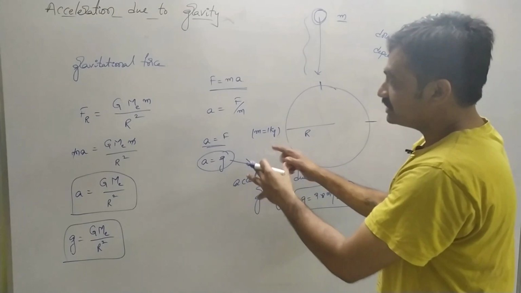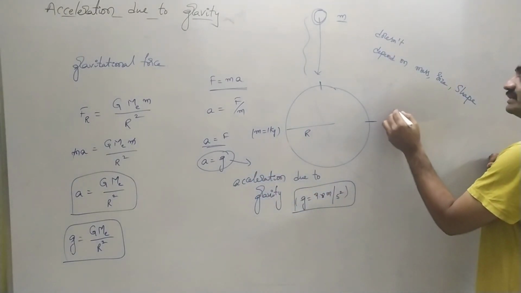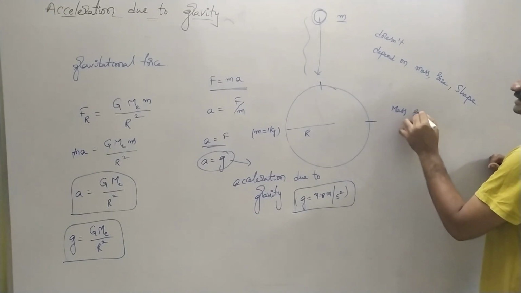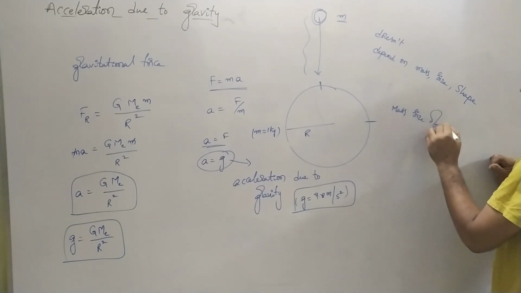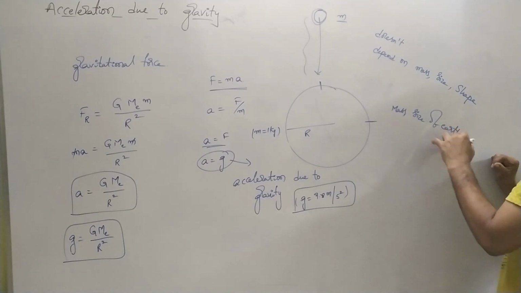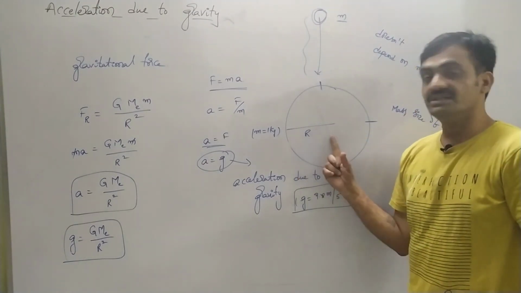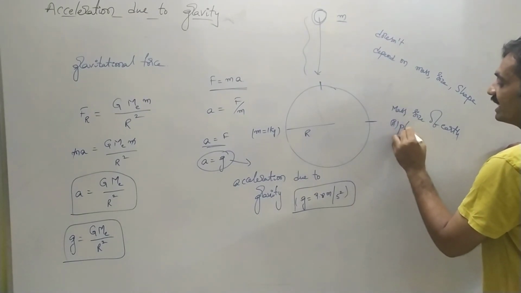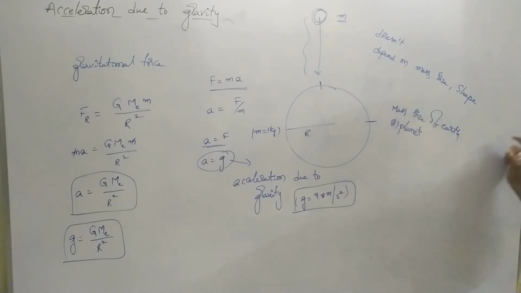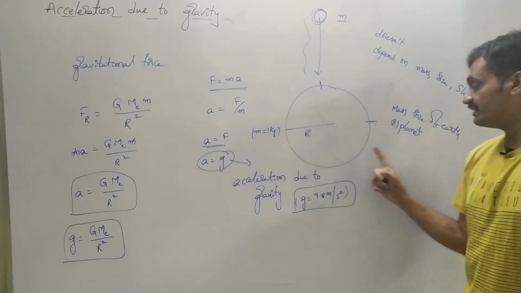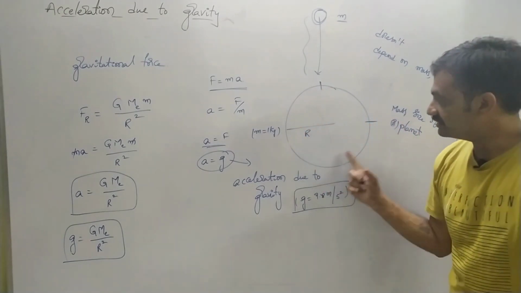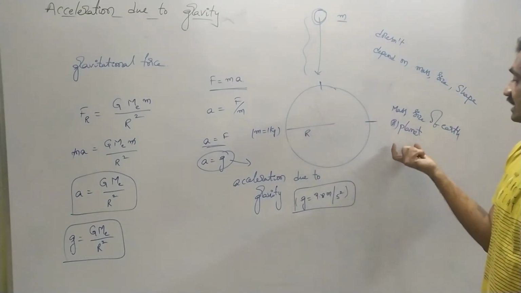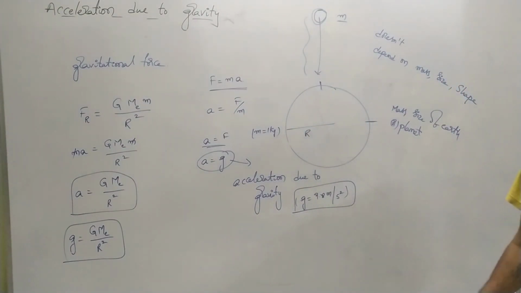Whereas acceleration due to gravity depends upon the mass and size of the earth, and we can also consider any planet. So acceleration due to gravity depends upon the mass of the earth or planet and the size of this planet or earth.